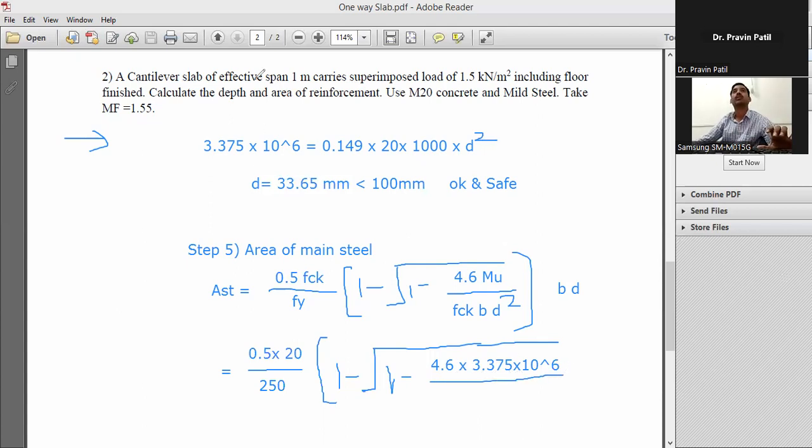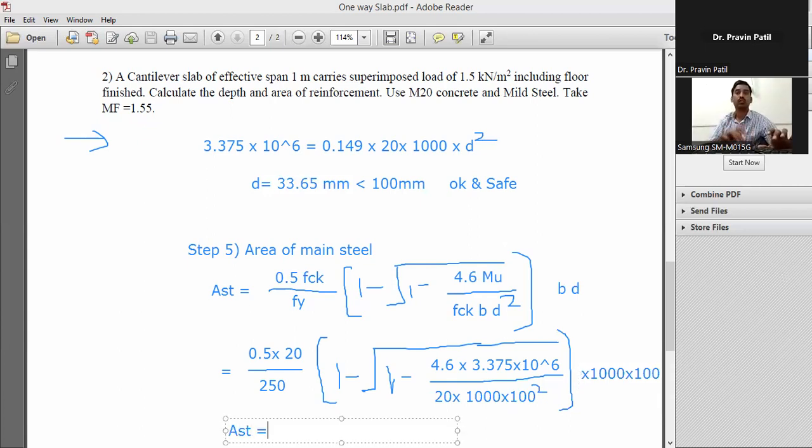FCK is the grade of concrete, M20, that means 20, into B, which is 1000, into D, which is 100 square, into B into D, into 1000 into 100.